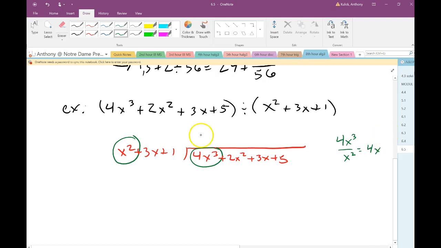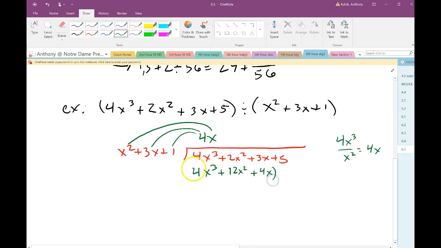That gives me 4x. And then I multiply that to all of the polynomial. Gives me 4x cubed plus 12x squared plus 4x. And then I subtract down, just like we did before.